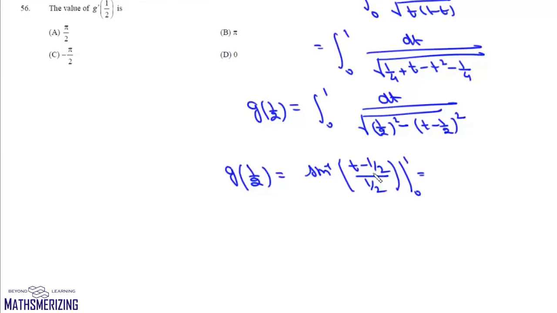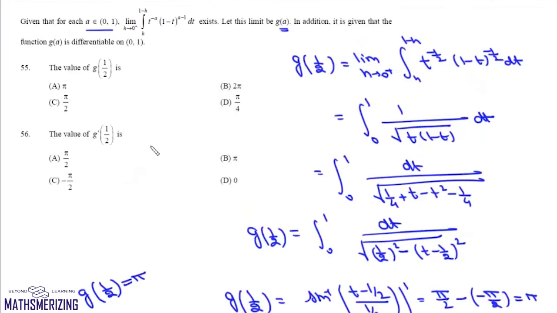Now we put t as 1, it will be sine inverse 1, which is pi by 2, and then minus, if we put t as 0, it will be sine inverse minus 1, which is minus pi by 2. So this value will be pi. So the value of g1 by 2 is nothing but pi, and that's your option A.